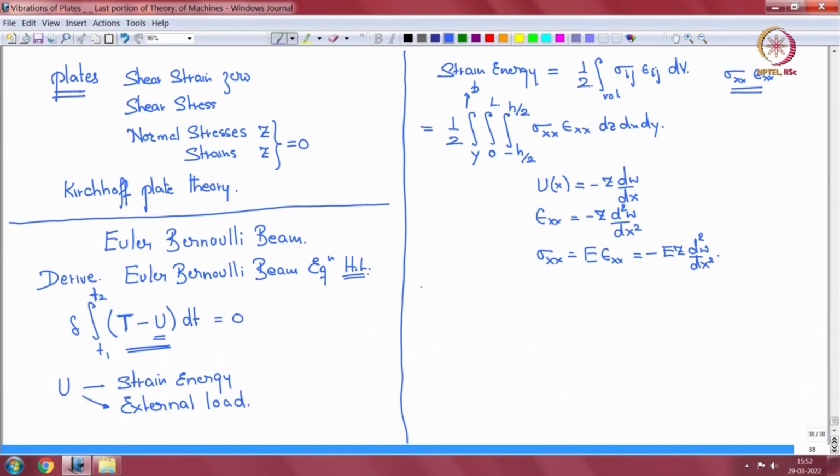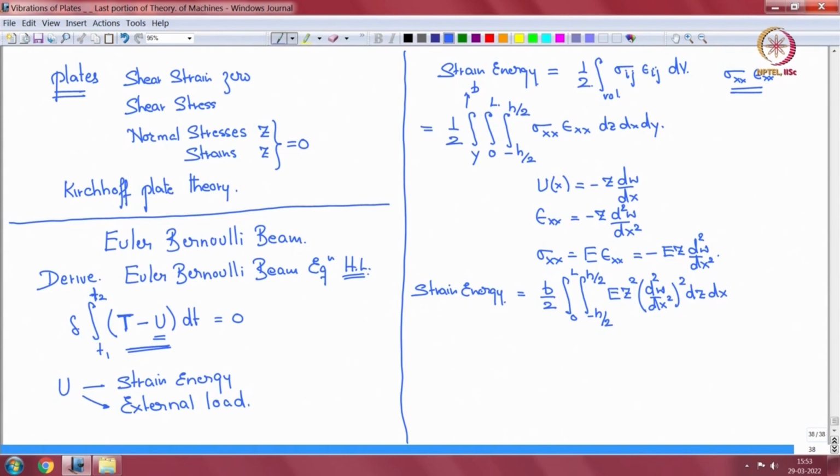My strain energy term I will write as equal to b by 2 integral 0 to L integral minus h by 2 to h by 2, E z square d2w by dx square whole squared dz dx.